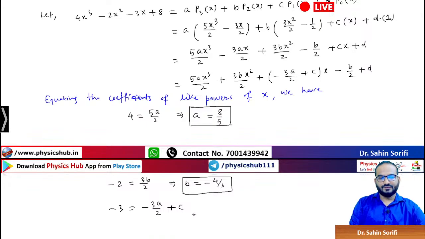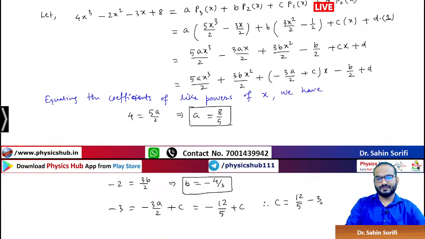The value of a we have already evaluated, 8 by 5, so minus 12 by 5 plus c, that gives c equals 12 by 5 minus 3, which is minus 3 by 5.